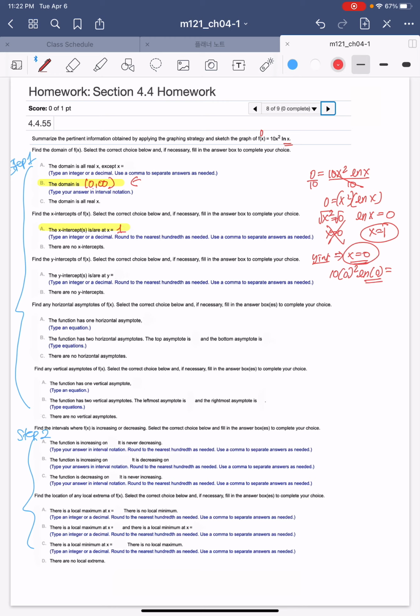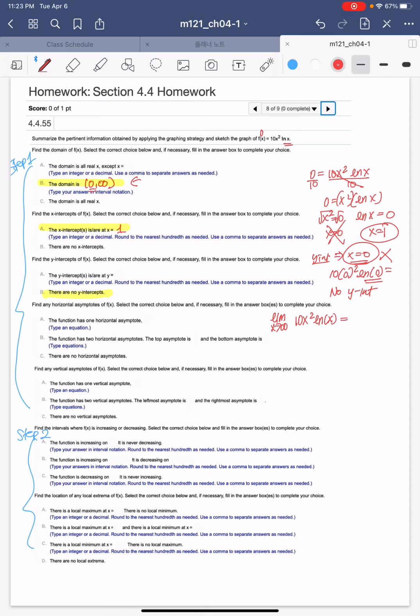We cannot have x equals 0 because that's not in the domain. So we will not have a y-intercept because it's not even valid to consider x value equals 0. So no y-intercept.